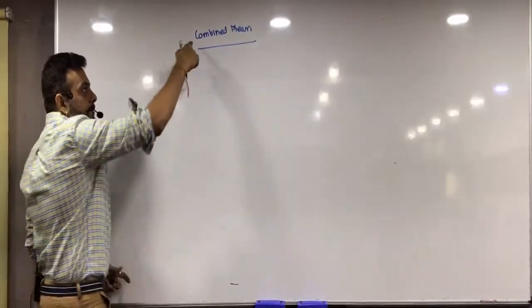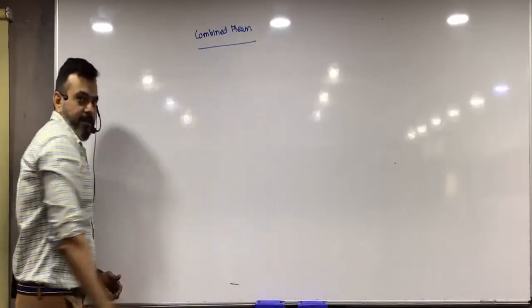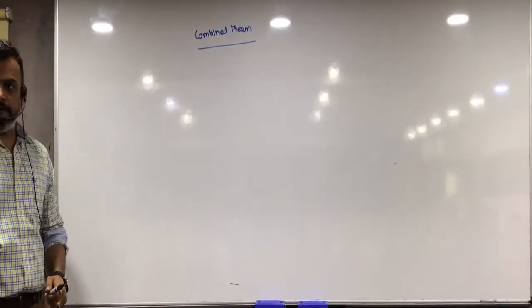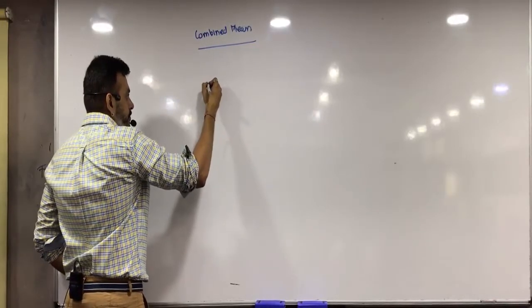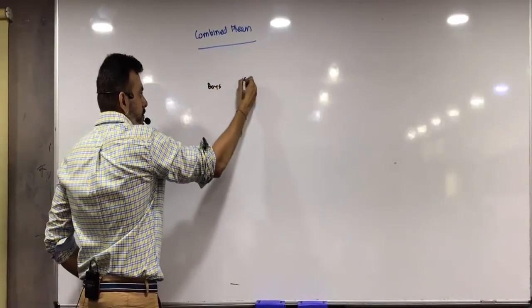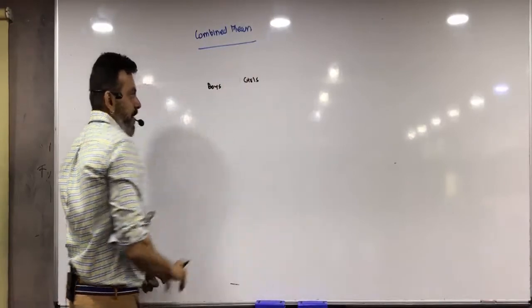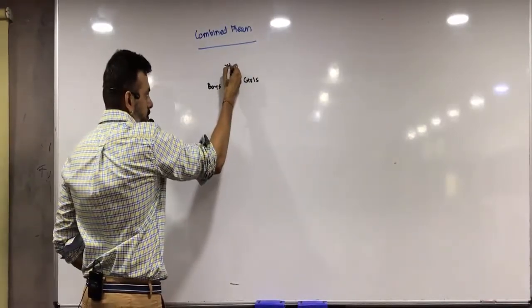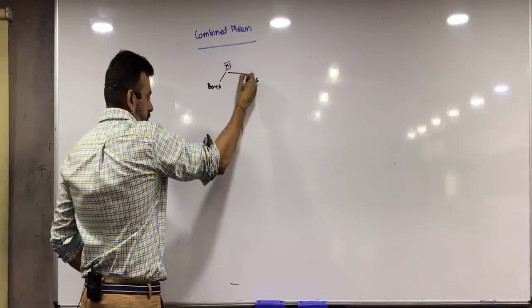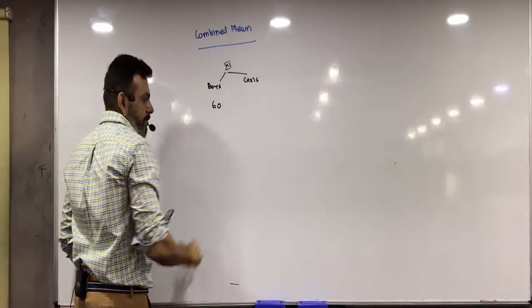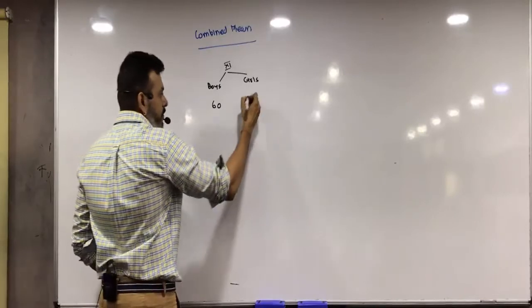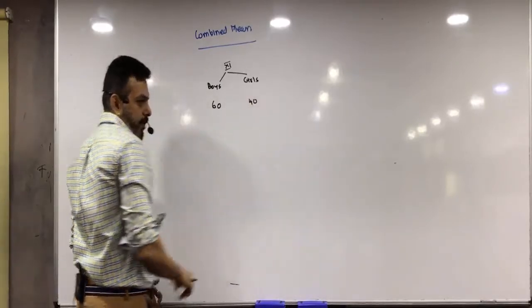Now combine mean, we are combining something. Let's say there are two groups of information available to us. Say boys and girls of 11th standard of a school. Number of boys, I'll say 60, and number of girls are say 40.